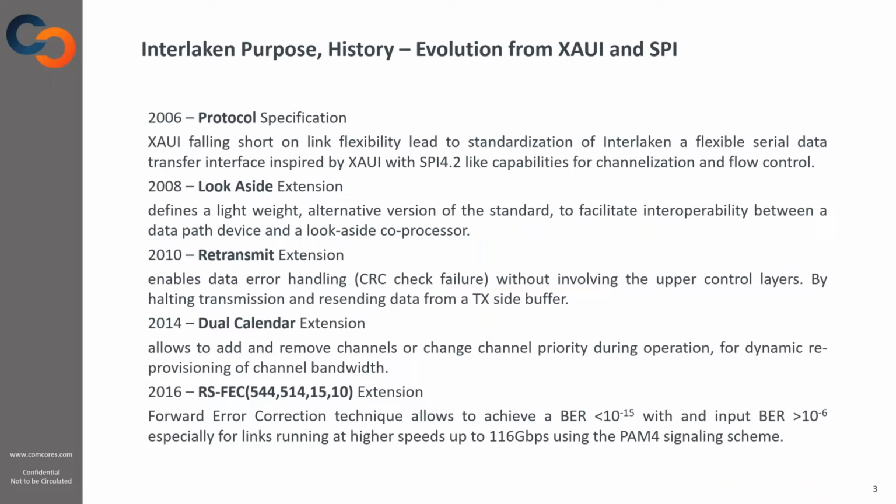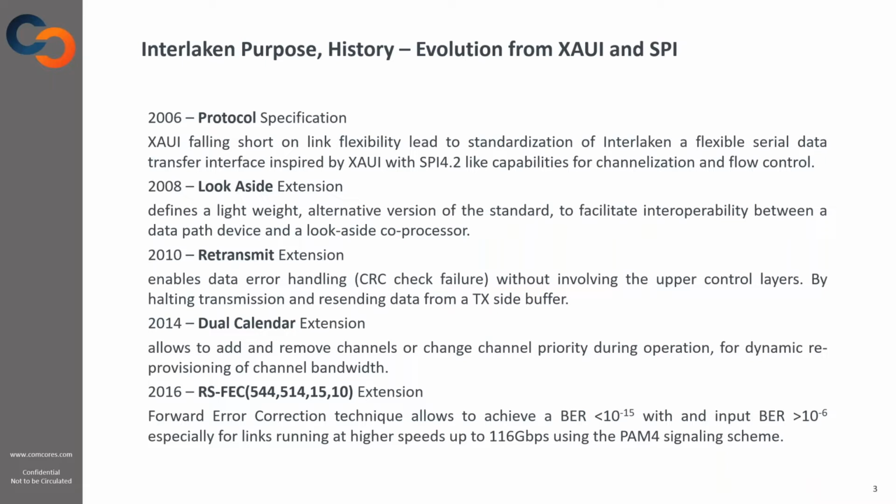And finally, in 2016, well, maybe not so recently, they introduced the RS-FEC extension, which is basically Reed-Solomon forward error correction. This was introduced because of PAM4 signaling and the bit error rates associated with PAM4.